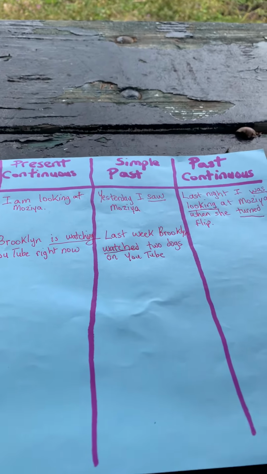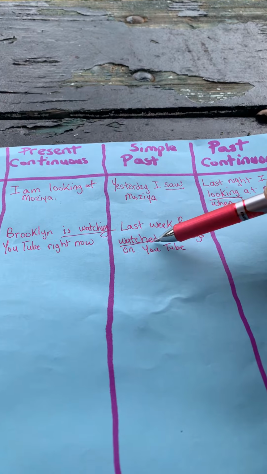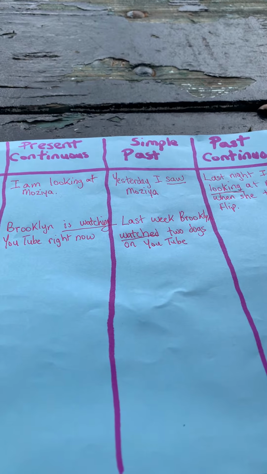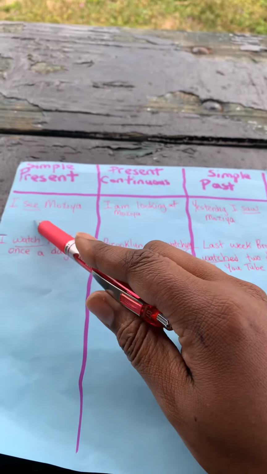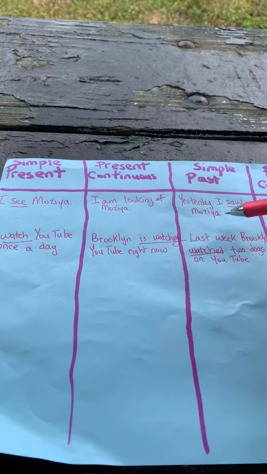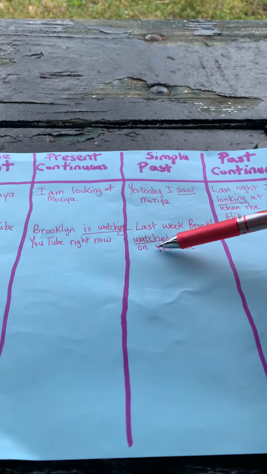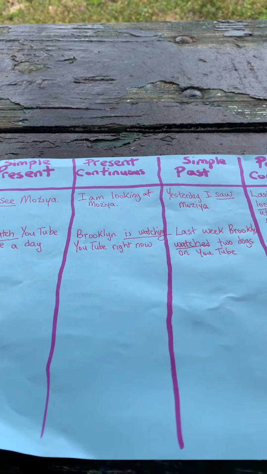Watched, that's your past. And notice I put an ed for my past of watch. Now, if it's an irregular verb, like you see with see here, and saw, that looks a little bit different. But these are regular. Watch and watched.